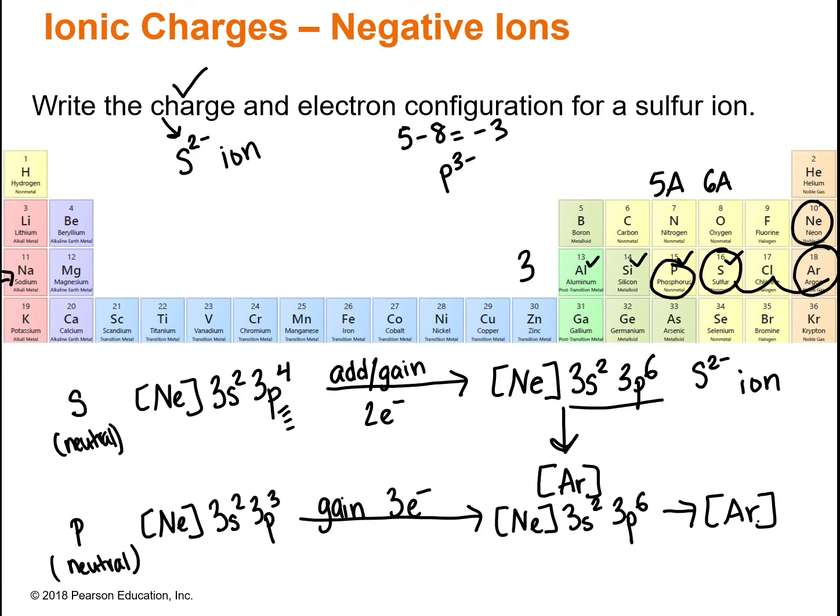So let's check your understanding. Without writing out any configurations, let's look at arsenic. It's in the same group as phosphorus, just in a different period. So when we form an ion with arsenic, if we form a negative ion, what noble gas is it going to look like?